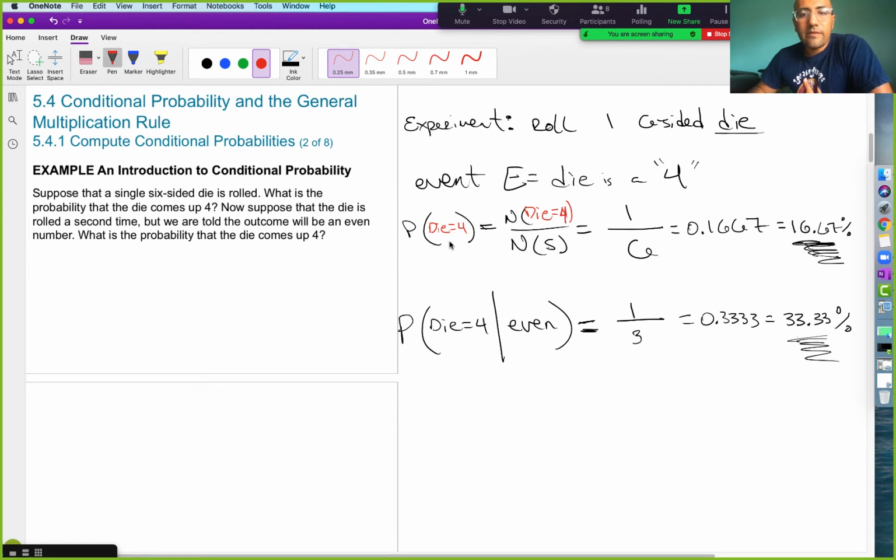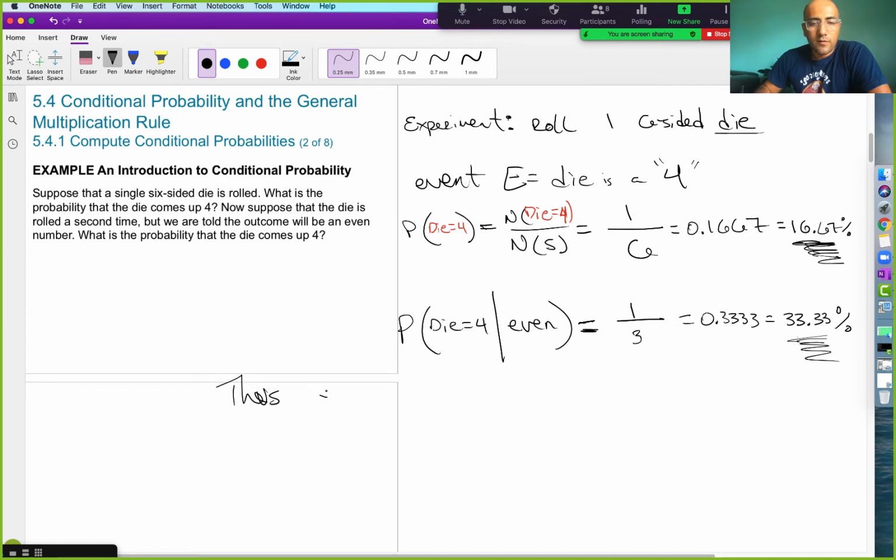The probability that die equals 4, we had 16%. The probability that die equals 4, given that it's even, now jumps to 33%. So that means this event changed the probability. This information changed that probability. That means that these two events are not independent. These two events are dependent, right? They're connected somehow. So that's another thing we can conclude from this.